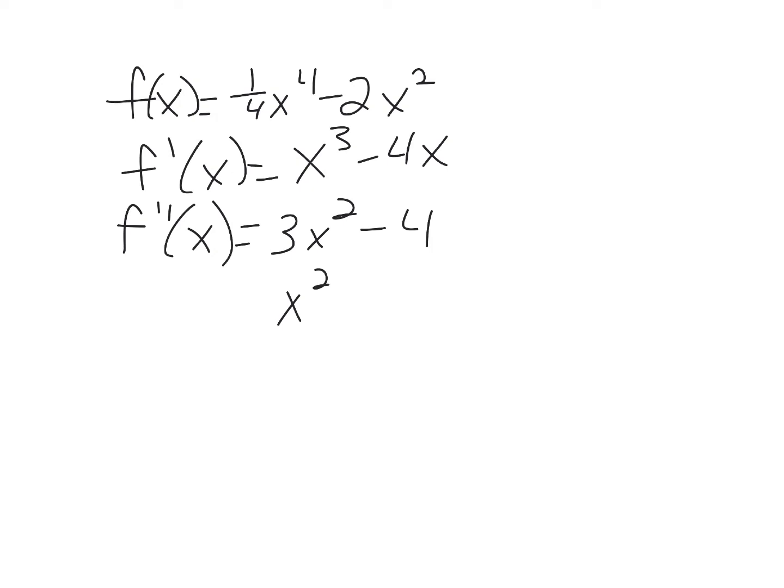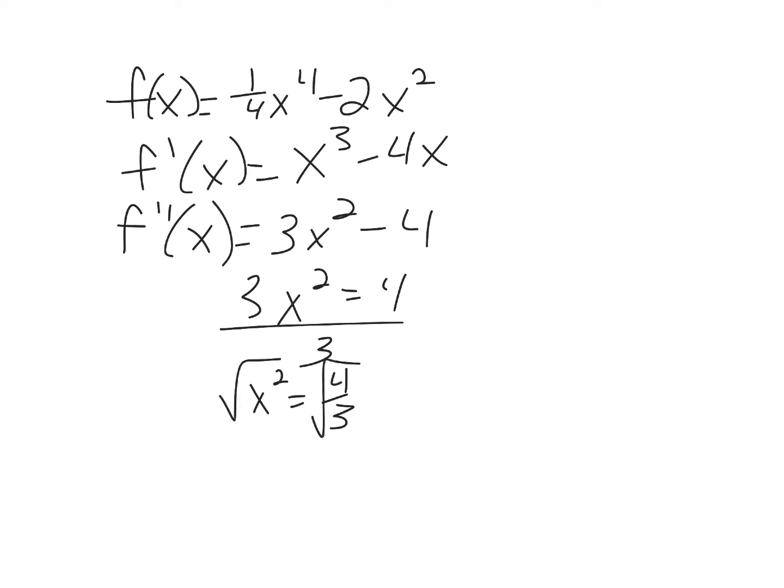Since it's a difference of squares, I can just add 4 to the other side and divide by 3. Then take the square root, plus or minus root 4 over 3. So those are your points of inflection. x is a little more than 1 and a little less than negative 1 are our solutions.